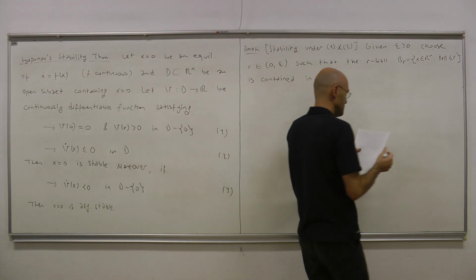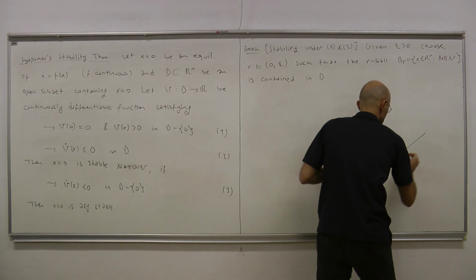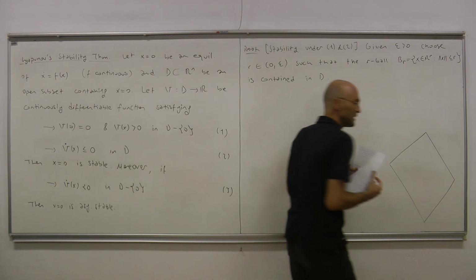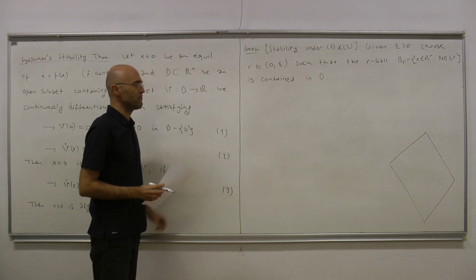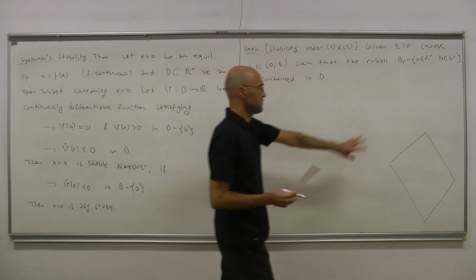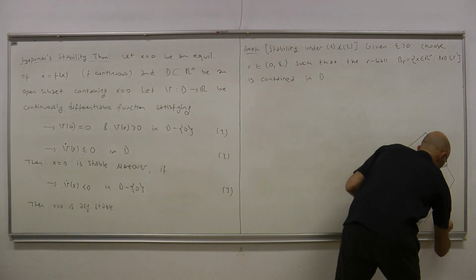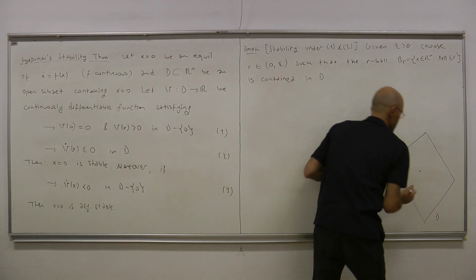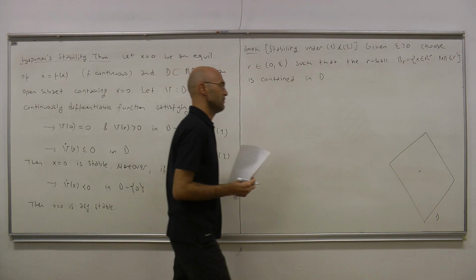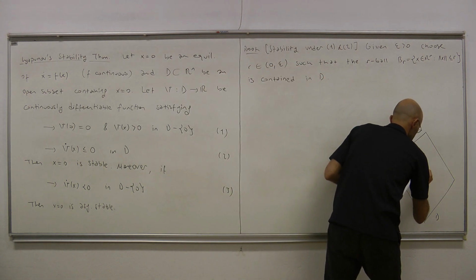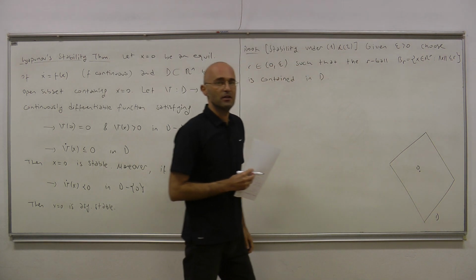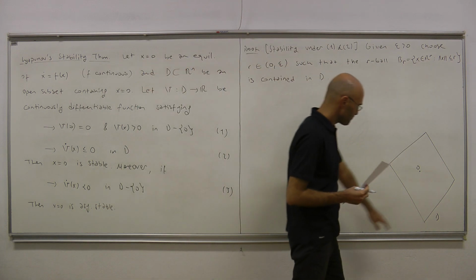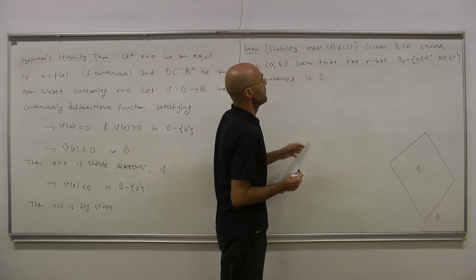Now let me sketch a very primitive picture, so that we keep track of the sets that we use as we go along. Let this be D, an open subset. Somewhere inside D, we have the interior point, the origin, whose stability we're studying.